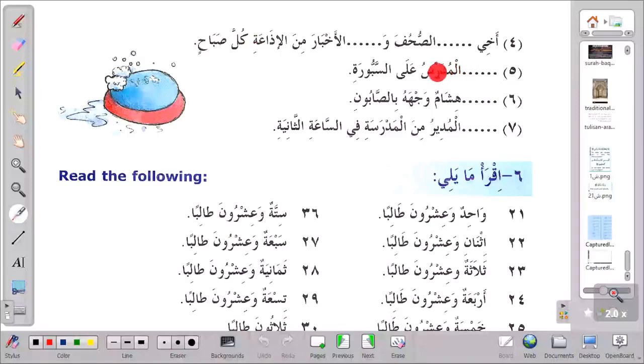Now here, al-mudarrisu 'ala as-saburah: yaktubu al-mudarrisu 'ala as-saburah. The teacher writes on the board.